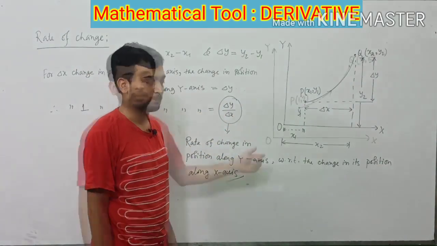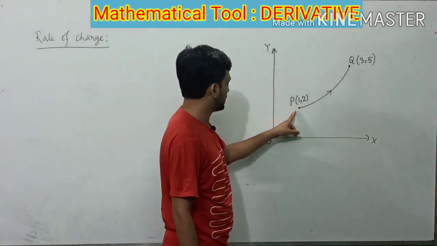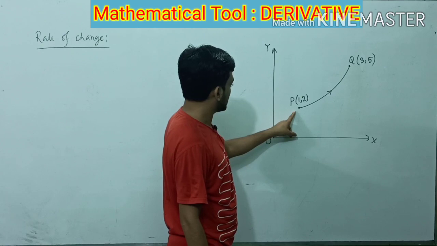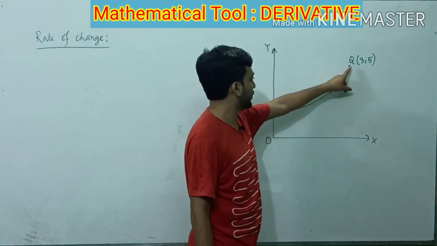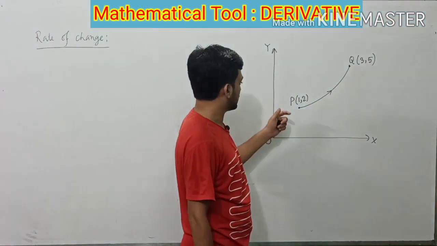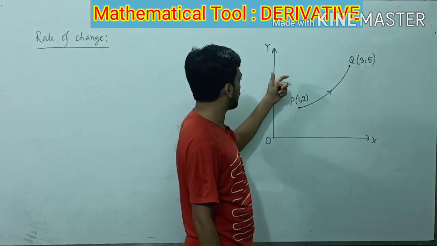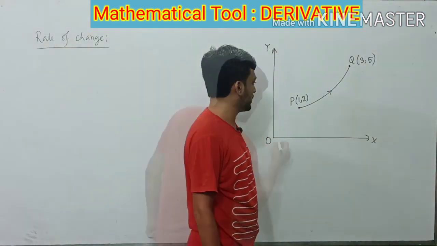So in this way we can calculate the rate of change of one physical quantity with respect to another physical quantity. Here we have considered one example where we see that a particle shifts its location from point P to point Q, and we have been asked to find the rate of change in its y coordinate with respect to change in its x coordinate.